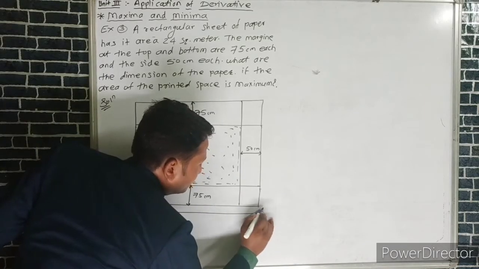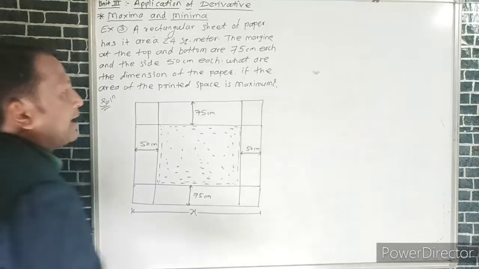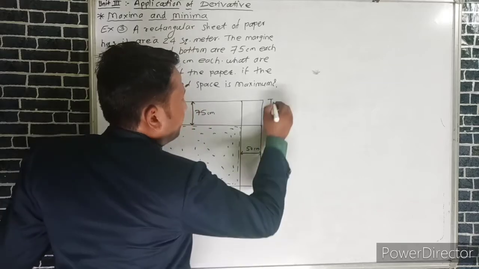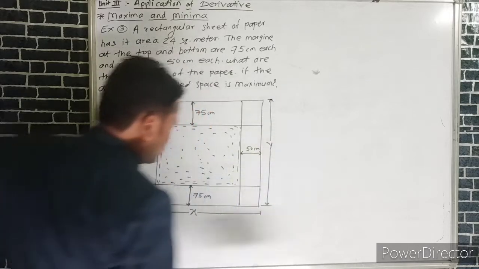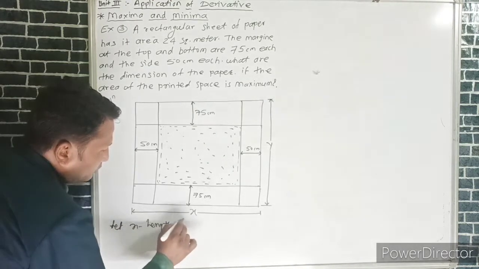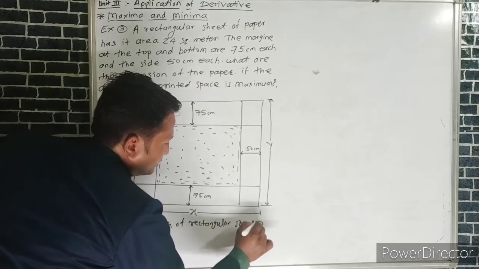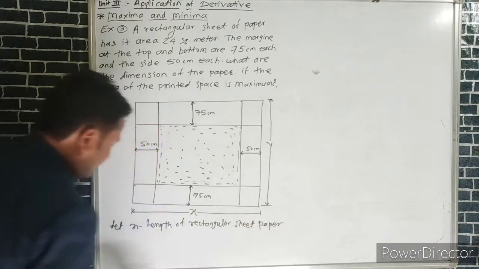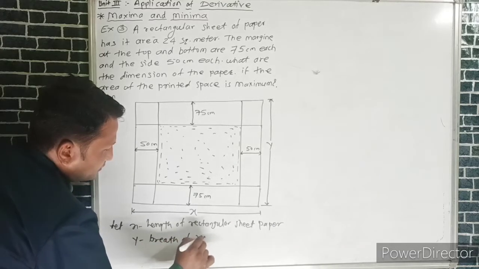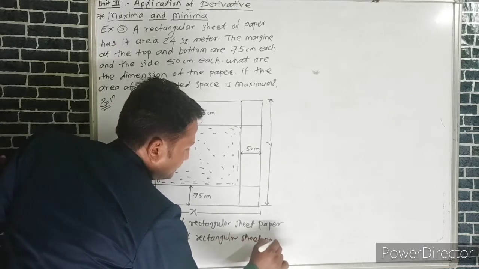Let x be the length of the rectangular sheet paper and y be the breadth of the rectangular sheet paper.